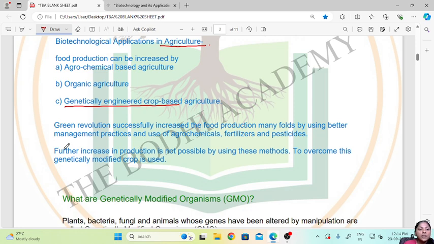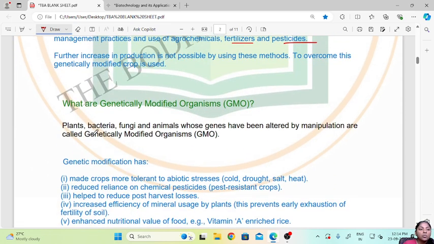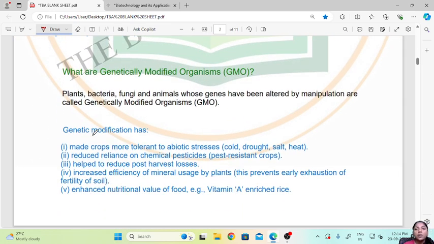Further increase in production is not possible by using these Green Revolution methods, that is using fertilizers, pesticides and so on. To overcome this, they thought of genetically modified crops. Now, what are these GMOs, or genetically modified organisms?